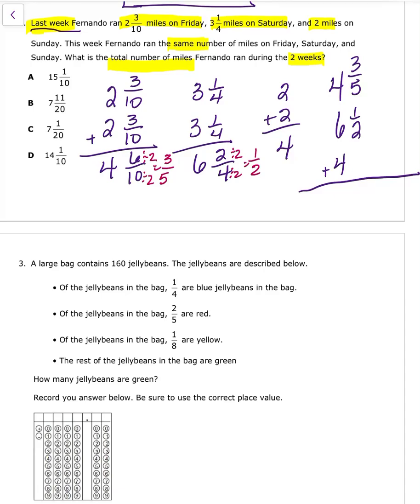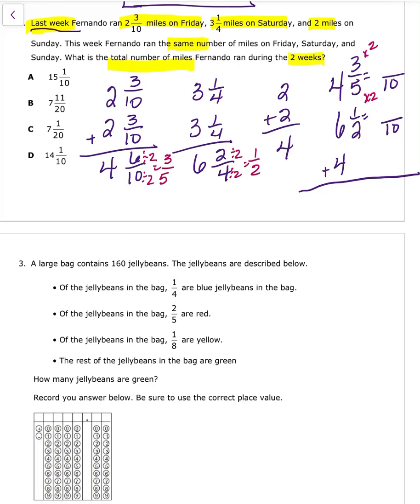So I know when I add fractions, I have to find a common denominator, and that will be 10. So 5 times 2 is 10. Whatever we multiply the denominator by, we've got to multiply the numerator by. So 3 times 2 is 6. Oops, I should have done that in purple. Let's erase that.